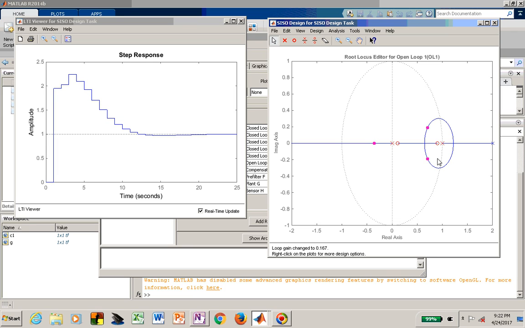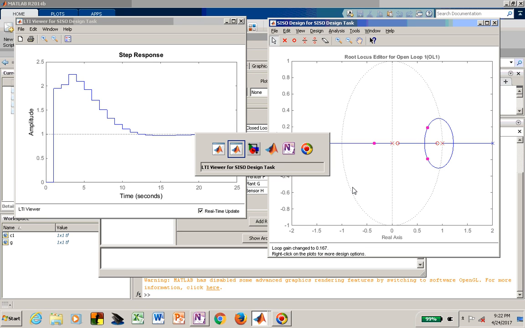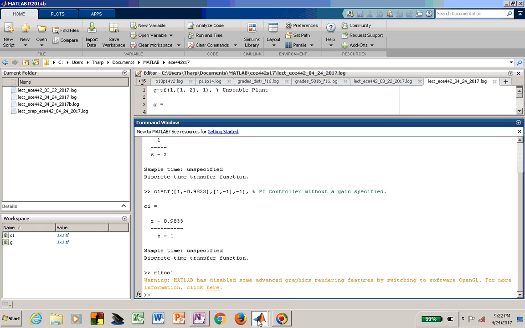So now if I do that, what I can try to do is suppose that I now go into Matlab or back into the command window, and suppose that I now say C sub 2 is a transfer function with these two zeros. I had one at 0.1 and another one at 0.9.